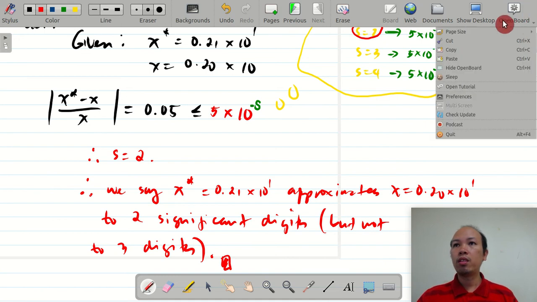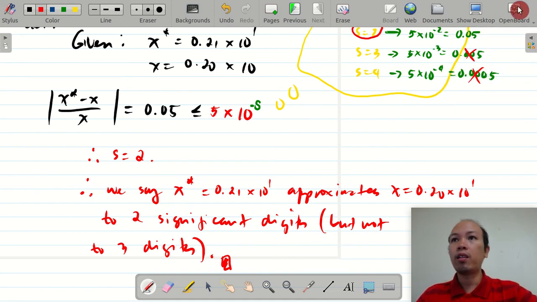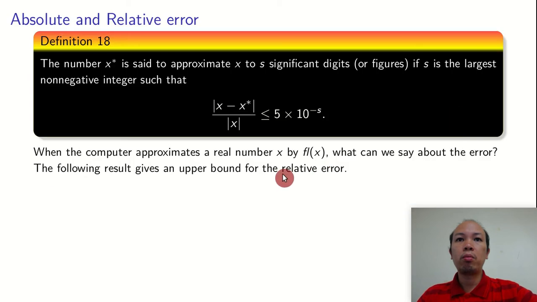Okay, so let's go back to our slide. It says here, when the computer approximates a real number x by its floating point representation, what can we say about the error?